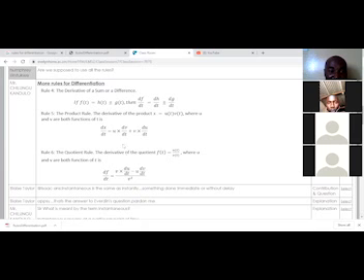So you differentiate the one at the top, and you differentiate the one at the bottom. Then you keep the one at the bottom, times the derivative of the one on top, minus the one on top, times the derivative of the one at the bottom. Then all of this over the one at the bottom squared.